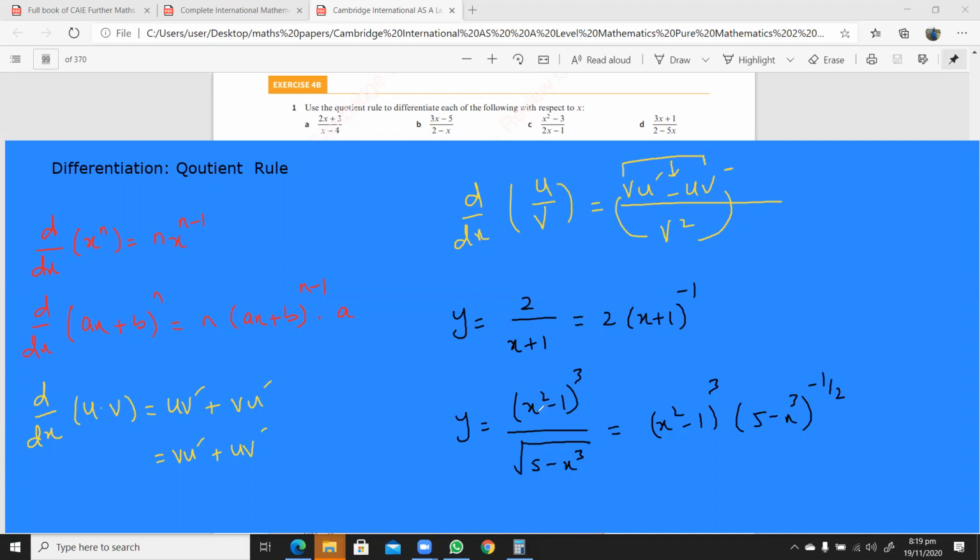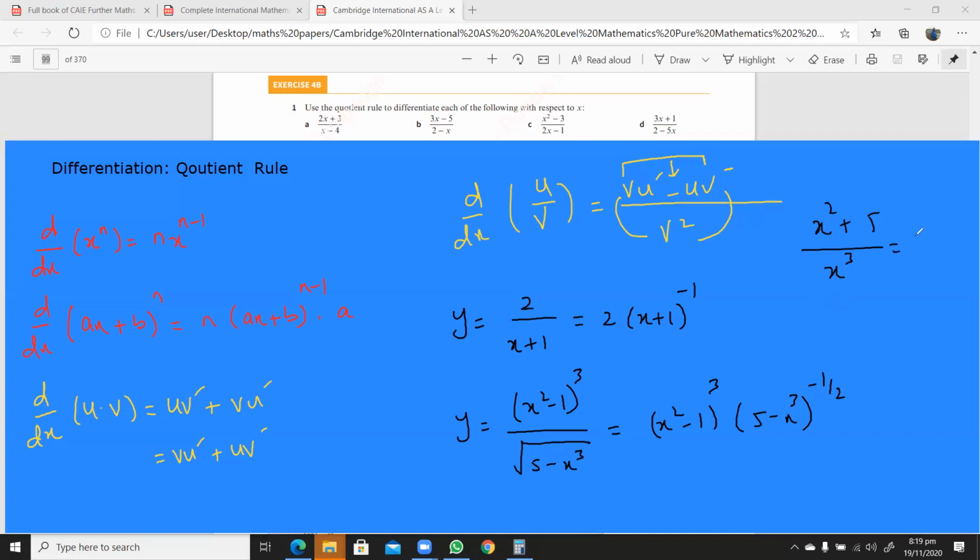If you have a quotient which cannot be split, then use the quotient rule. But for example, if you have something like x square plus 5 over x cube, this is a situation where you can split them. So you should not be going for the quotient rule.